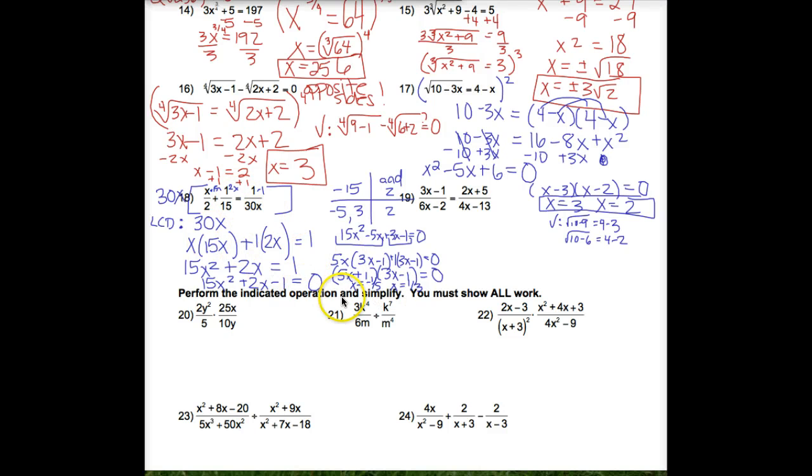On the fraction ones, remember you're not plugging in and seeing if it works. You're just making sure you're not going to get a 0 in the denominator. So if I plug in negative 1/5, 30 times negative 1/5 is negative 6. That's not 0, so it's okay. Here, positive 1/3, 30 times 1/3 is just 10. So neither of them give me a 0 in the denominator, so I can keep both of them.